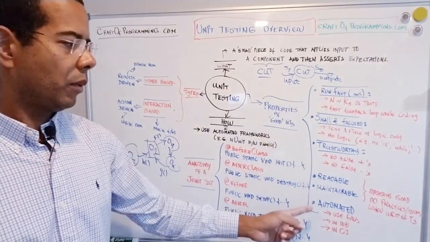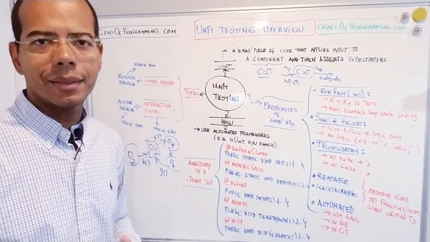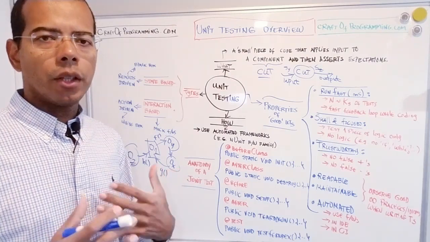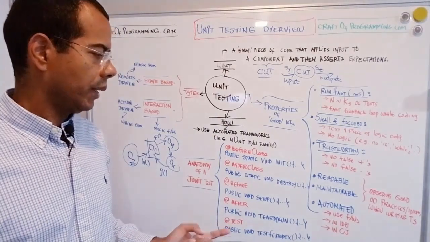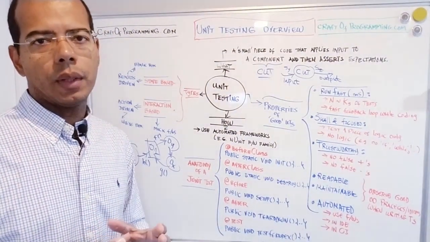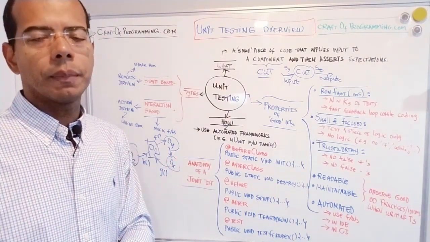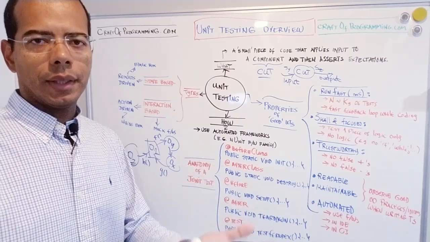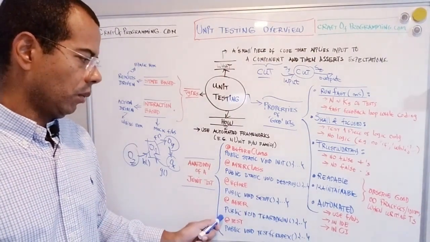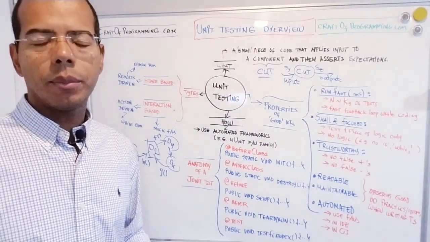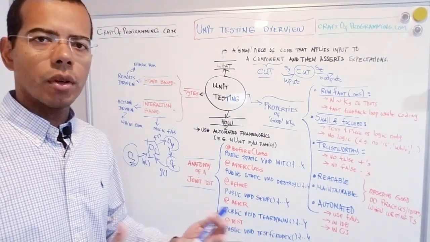So actually, that reminds me of one important thing that I didn't mention here of good properties. Another good characteristic of a test is that they should be isolated. What do I mean by that? What I mean is that the state after a test terminates needs to be the same as the state before the test. So obviously, if a test typically modifies the state, you need to make sure that the state is restored to the state before the test ran.